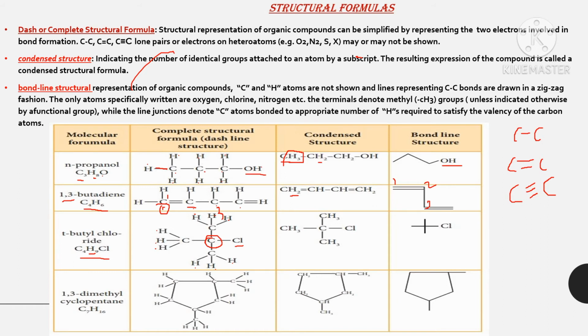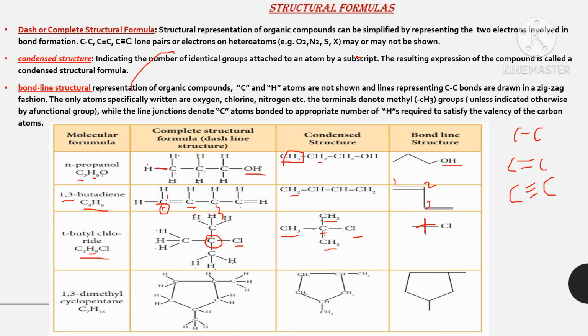So all are satisfied. And in the condensed formula they directly write the number of hydrogens: CH3, CH3, CH3, Cl. So here the carbon has 4 bonds, 1, 2, 3, 4. And in the bond line structure formula they mention it like a dash. This is the tertiary butyl chloride. And the last one is 1,3-dimethylcyclopentane.